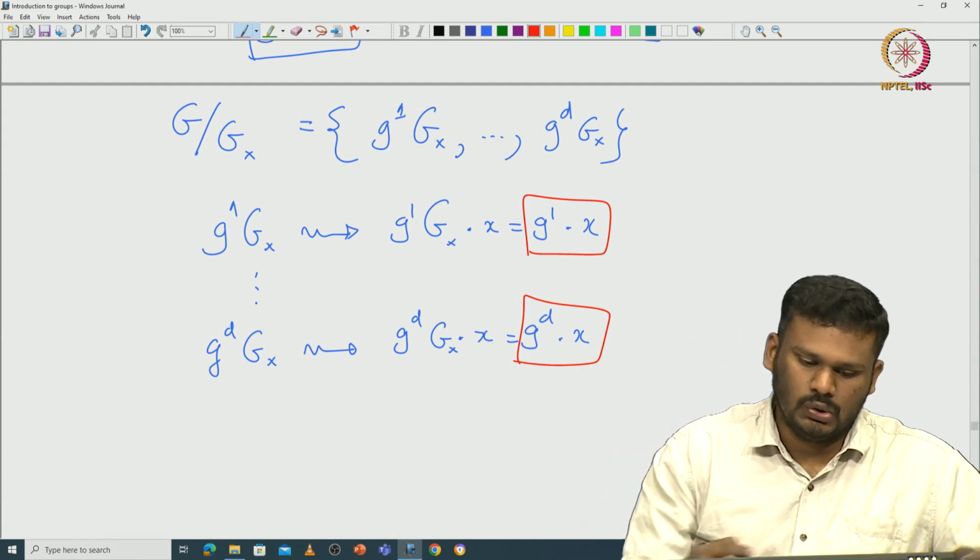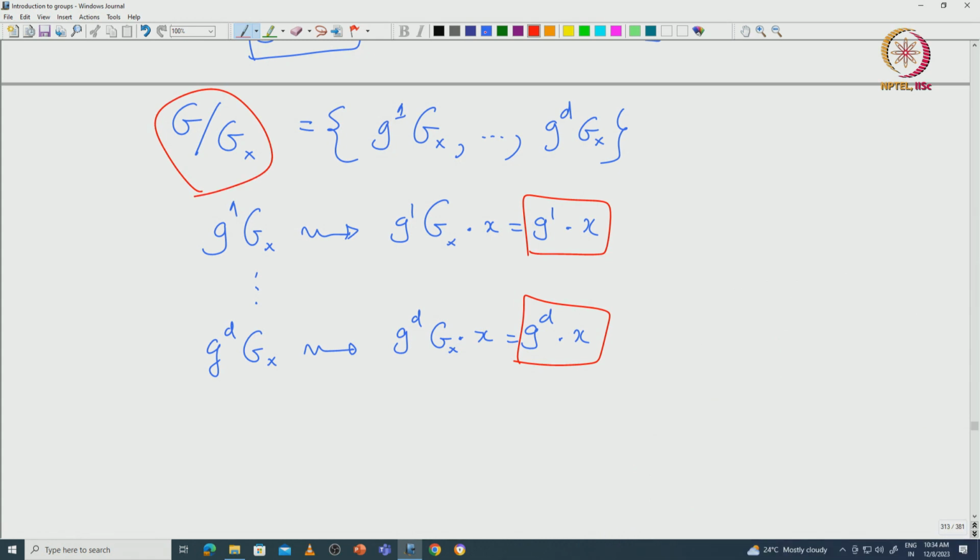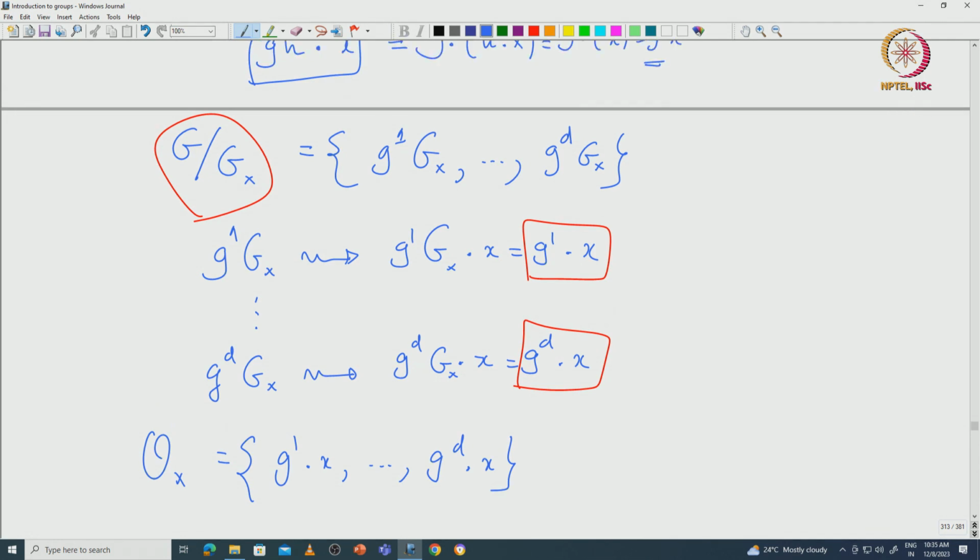So, using these cosets, we see that the orbit of x is exactly equal to g1 dot x, etc., gD dot x. In particular, we got a somewhat smaller counting.